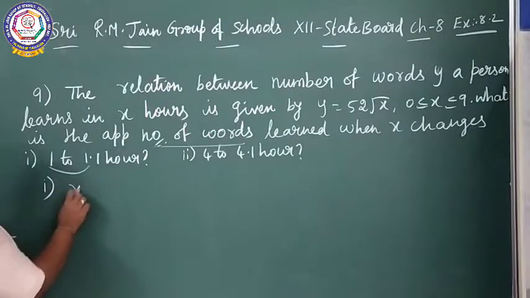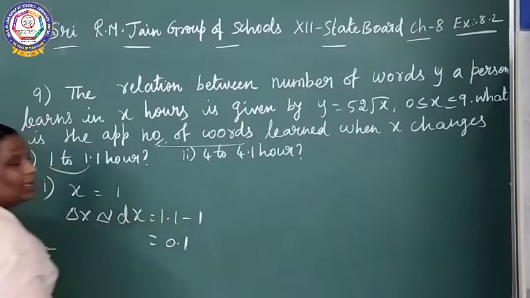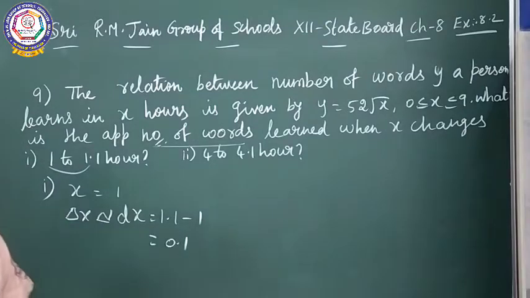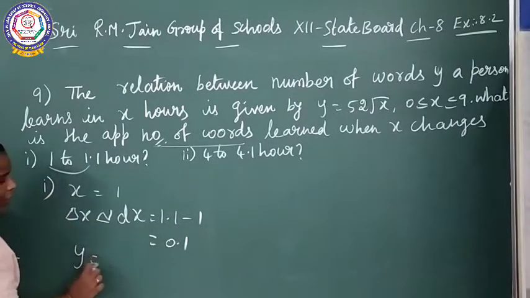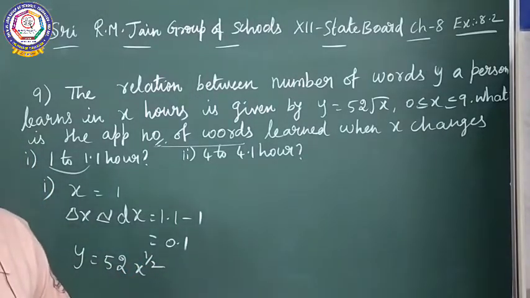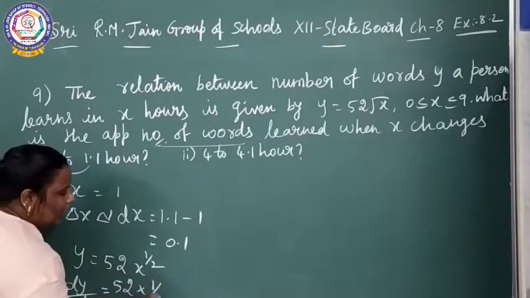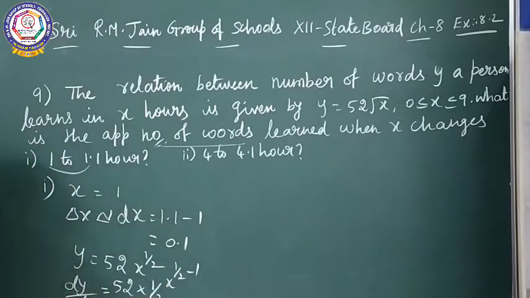So take x equals 1 and delta x, approximately dx, equals 1.1 minus 1, which is 0.1. Y equals 52 x to the power 1 by 2. dy by dx gives 52 into n into x to the power n minus 1, which is 26.